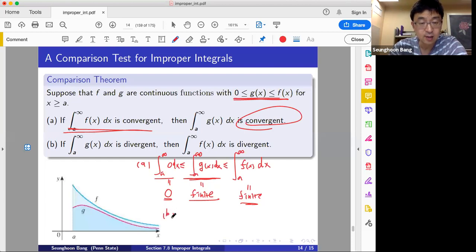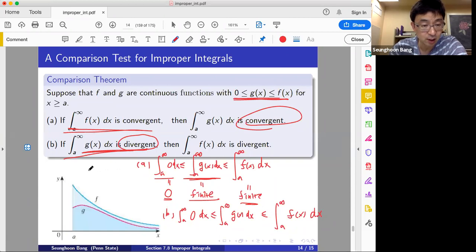What's B? Similar. We have 0, g of x, and f of x given. Same. You can take the integral from a to infinity dx on each side. So what's the assumption? The integral of g of x is divergent.